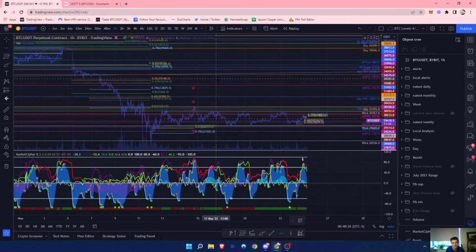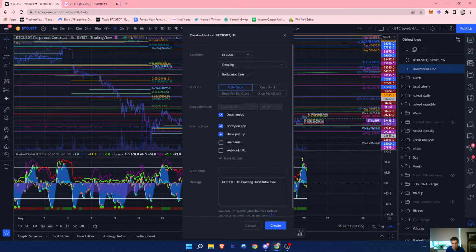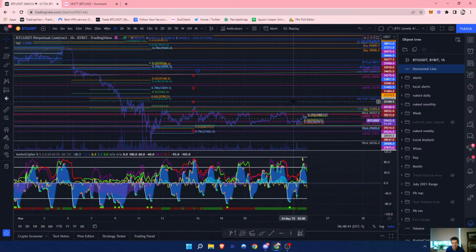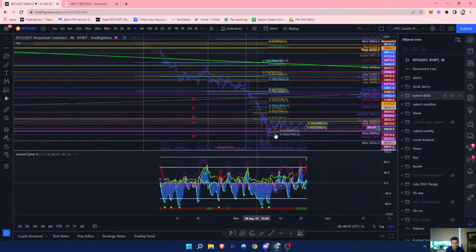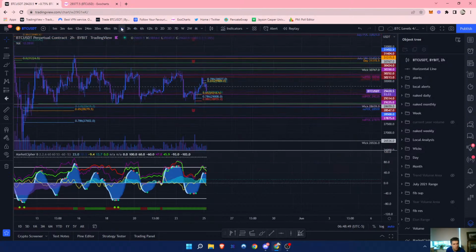And then, of course, another swing opportunity would be this 37K level, roughly. And this would be a good 4 hour. So really just looking at the 4 hour. Or actually a 2 hour.